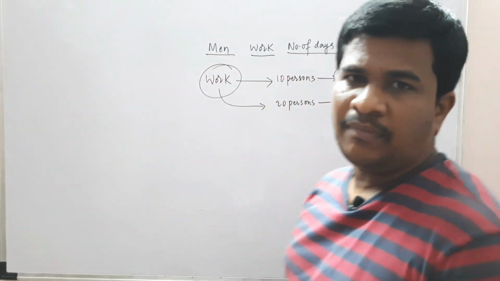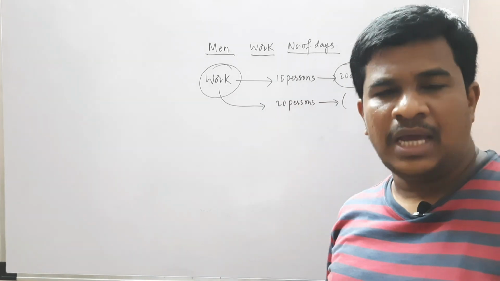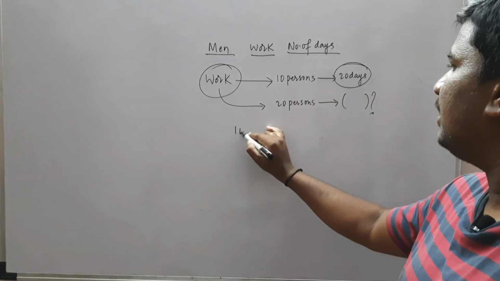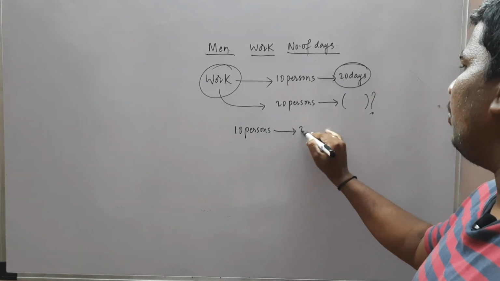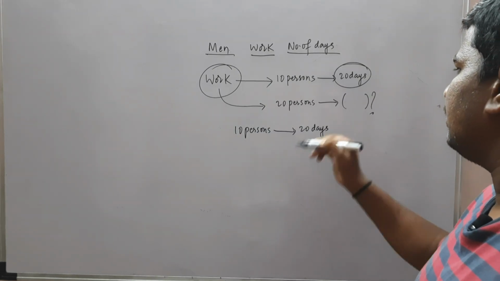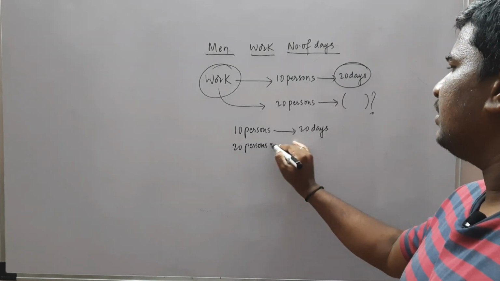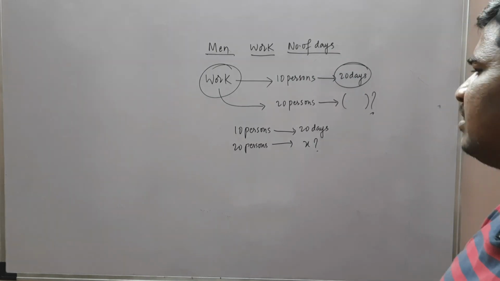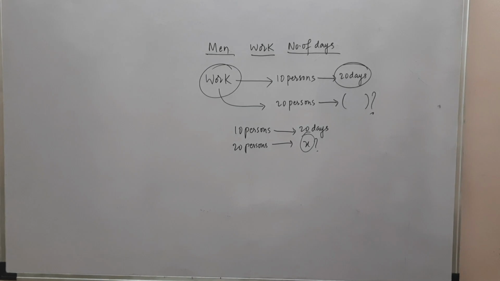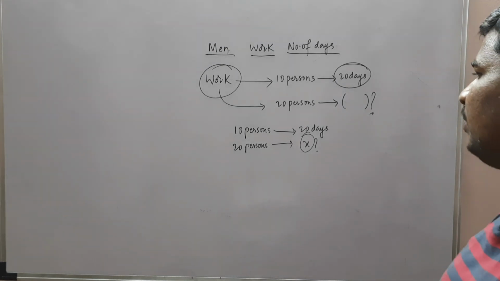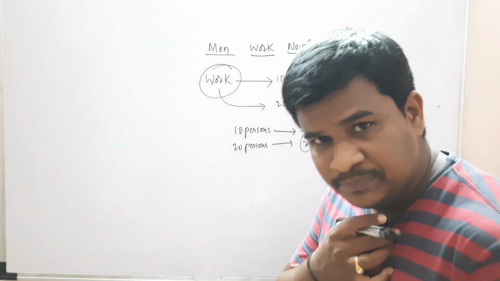See, let me calculate this. 10 persons are taking 20 days. Okay, 20 persons will take how many days? Say let it be x. So this can be calculated by unitary method. Can we use unitary method?